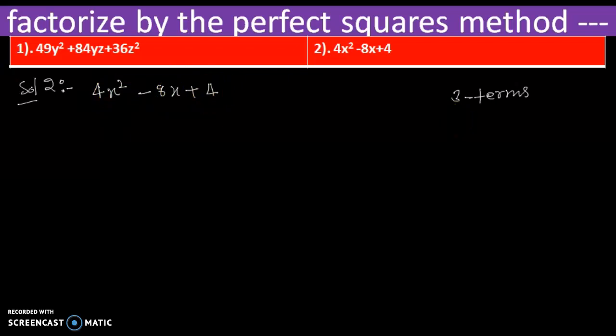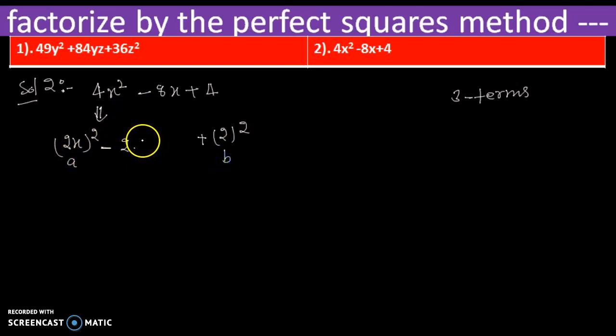This is the first term, this is the middle term, and this is the third term. First thing, we find the square root of the first and last term. The square root of the first term is 2x, and the square root of the last term is 2, and our middle term we write 2 into this is our a and this is our b.